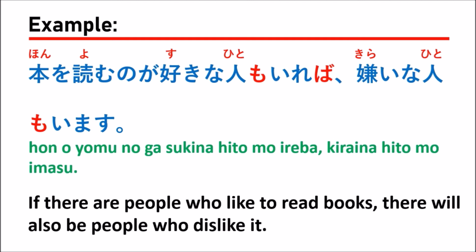So もいれば, and in the end we can say もいます, right? Ireba, imasu. So in this sentence we can say 本を読むのが好きな人もいれば嫌いな人もいます。Which means if there are people who like to read books, there will also be people who dislike it, right?